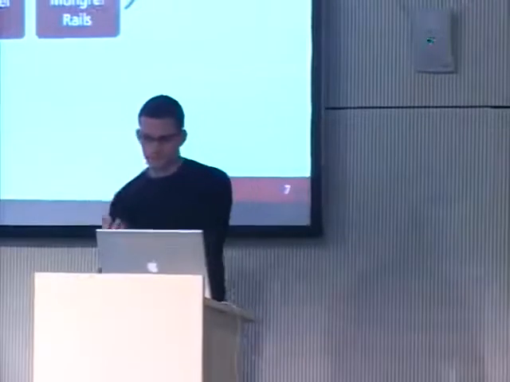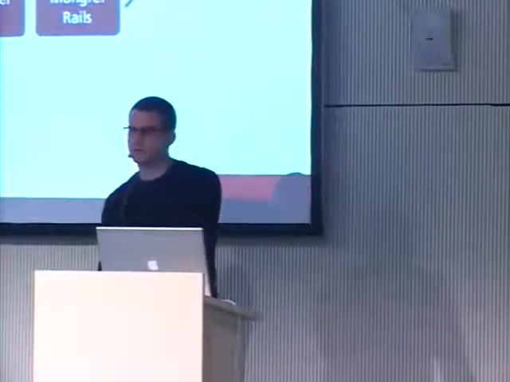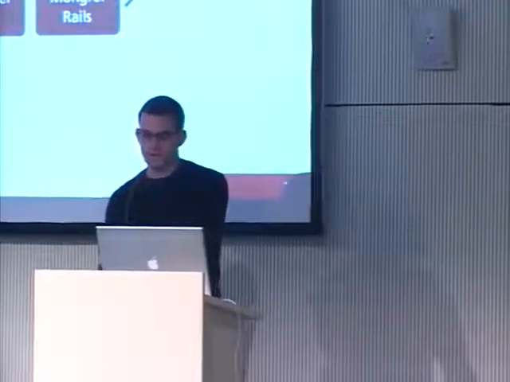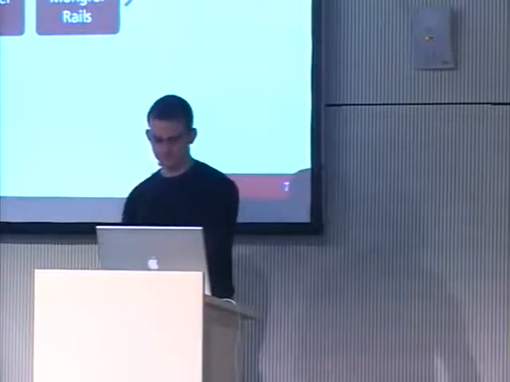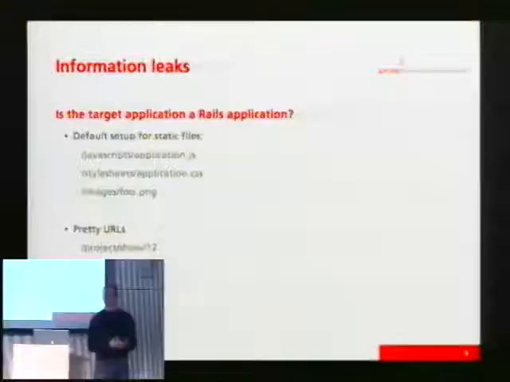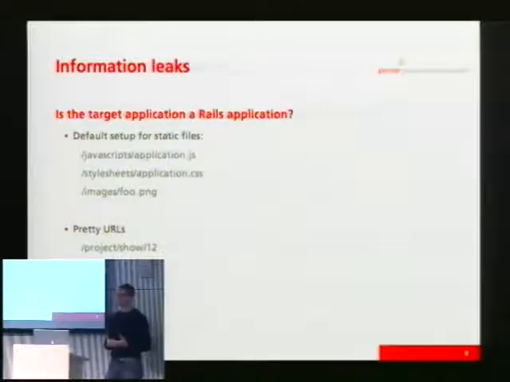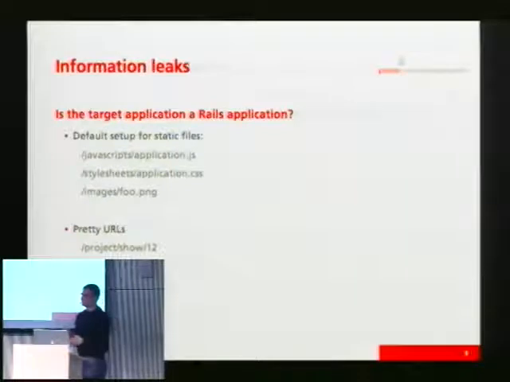So this is just the background to know how Rails applications are typically set up, and then we will look at where there could be problems in the setup. Let's begin with typical information leaks and vulnerabilities that you can find in such setups. At first, if you target an application, you want to know: is it a Rails application or a PHP application or whatever? The first hint are the URLs.